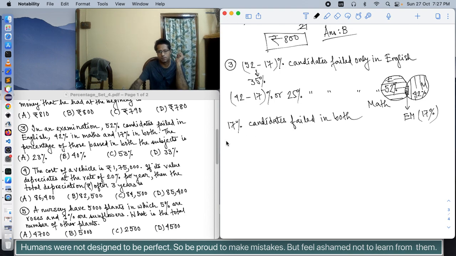Now the total percentage, 100%, means all the candidates.